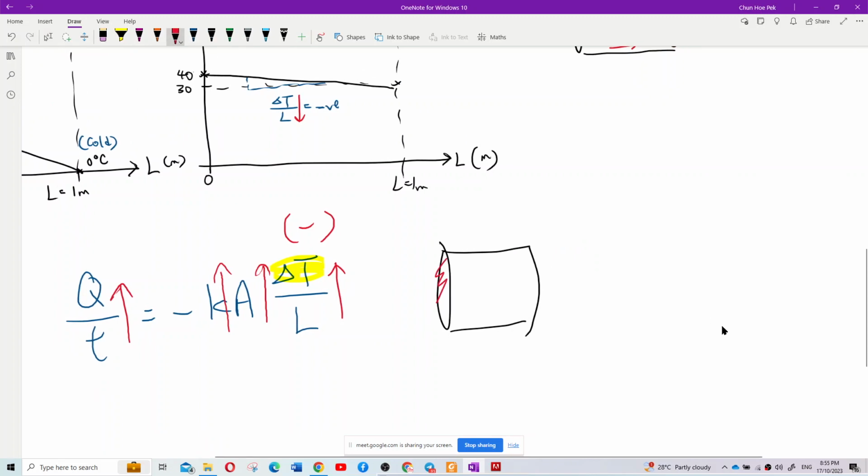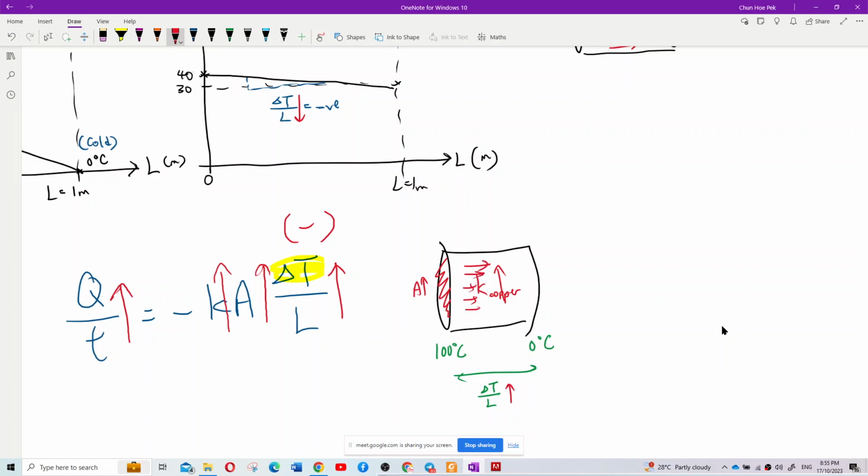What I can write: a big area made of maybe copper or aluminium, a good conductor, and then you make it maybe a big temperature gradient, 100 degrees Celsius to 0 degrees Celsius, delta T over L. So you have a big gradient also, so there'll be a lot of heat flow. The rate of heat flow is also high. That's conduction, very easy.